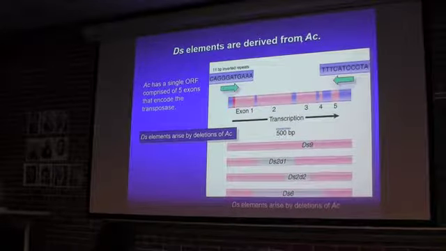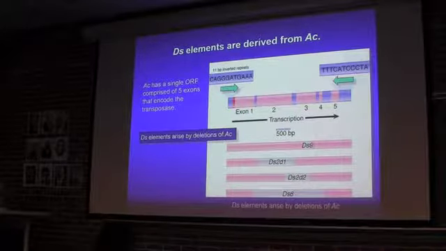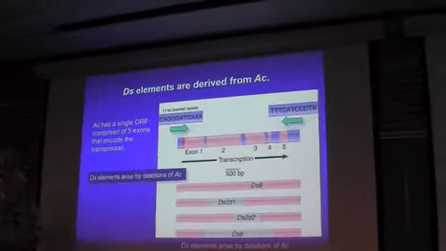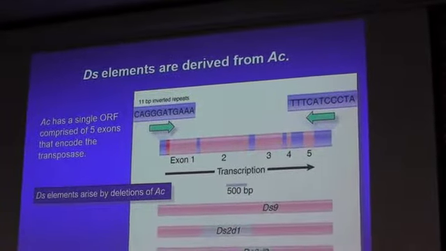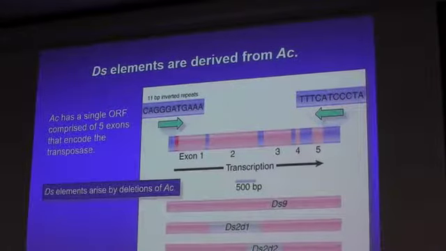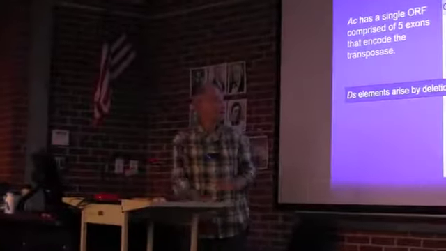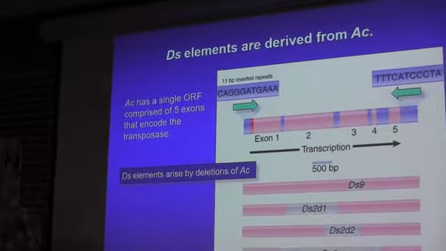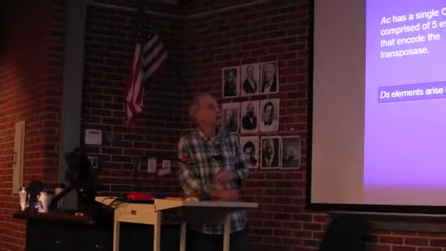DS elements derived from AC, and here you see the transposase that is in these eukaryotic transposons. It looks like a eukaryotic Pol II transcribed gene. It even has introns and exons. Splice message, poly-A addition at the end, the message is capped, all of that.